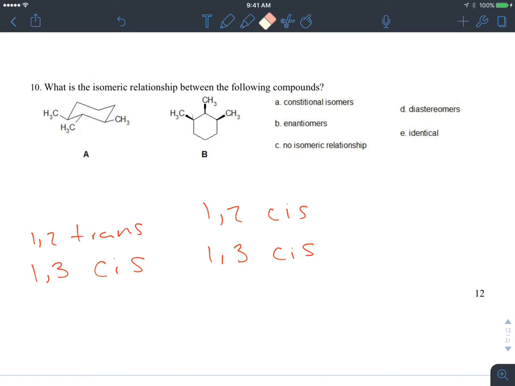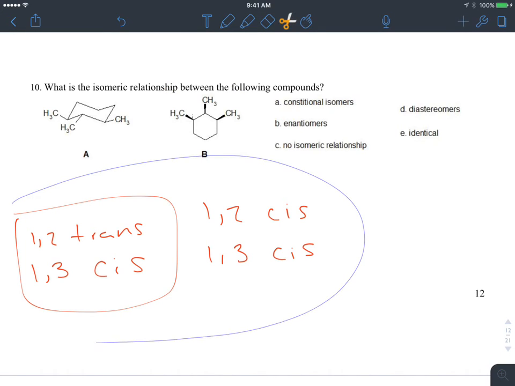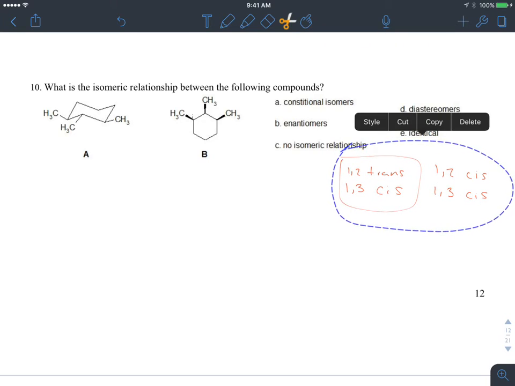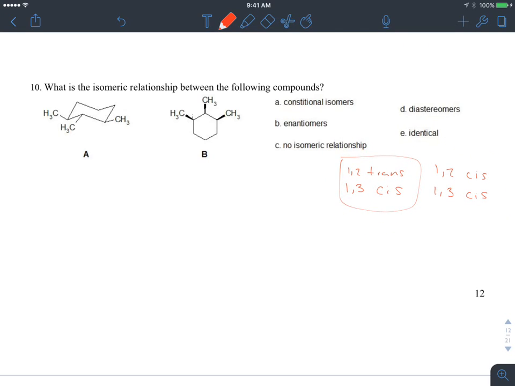So now what we're going to do is we're going to turn this into this same perspective so that we can get a better idea of what it is that we're actually looking at. So I'm just going to throw that over here, and we're going to draw out this compound in a different perspective, A compound, and we've got a 1, 2 trans, so we'll just draw 1, 2 trans, and then 1, 3 cis.